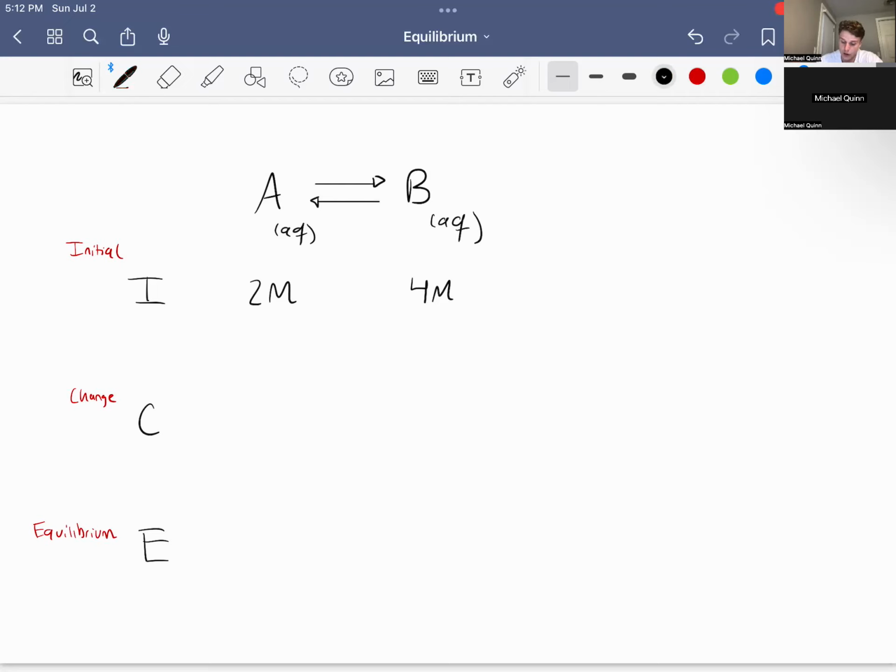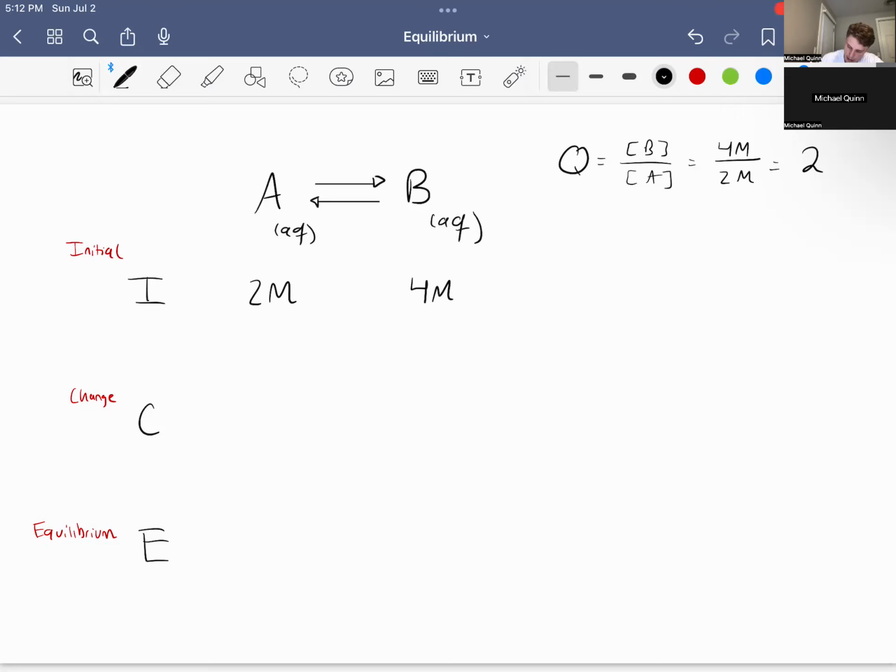So the first thing that we need to do is write our expression for Q. So Q is products over reactants. So this is B over A, which will be 4 molar over 2 molar, which will be 2. Now, let's call K, I'm just going to make up a K value for this reaction.